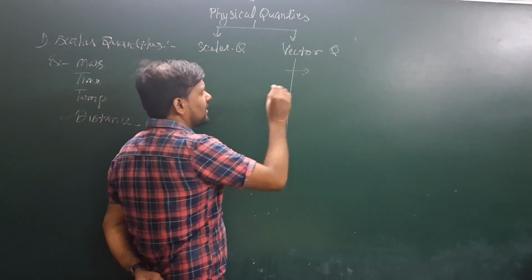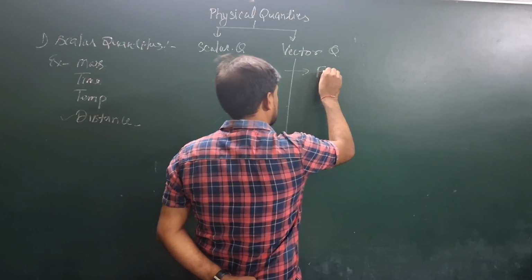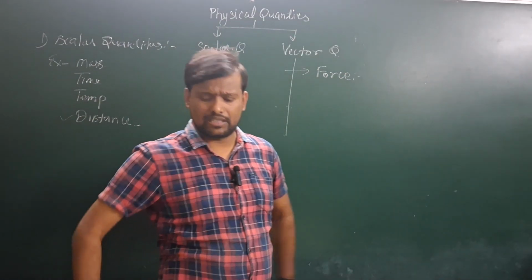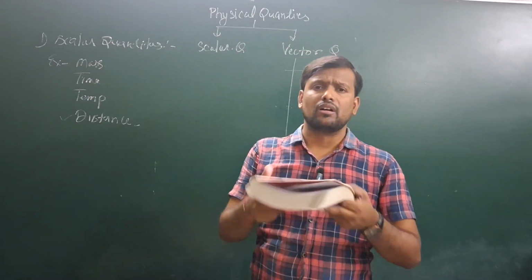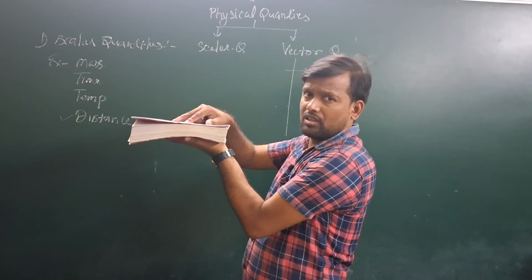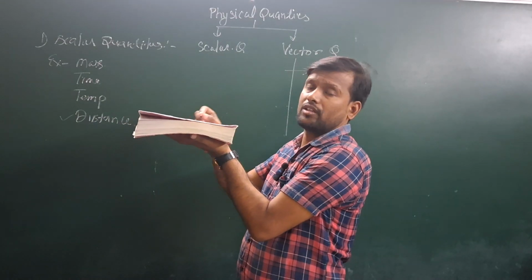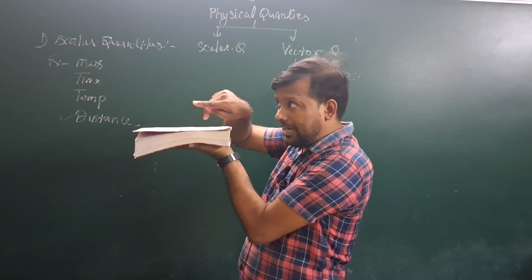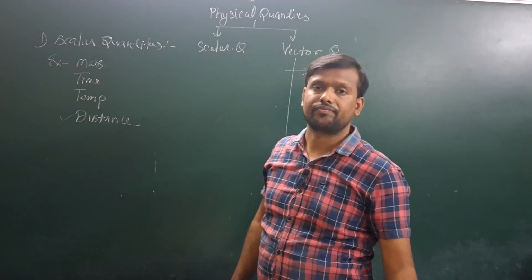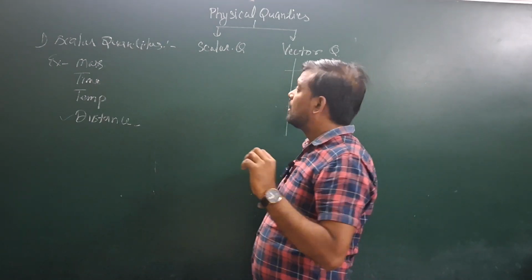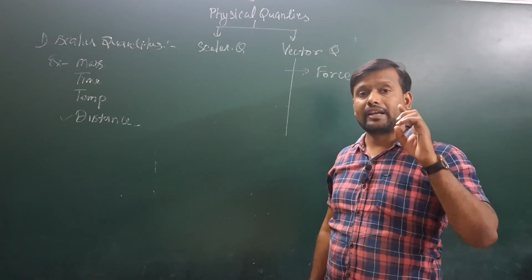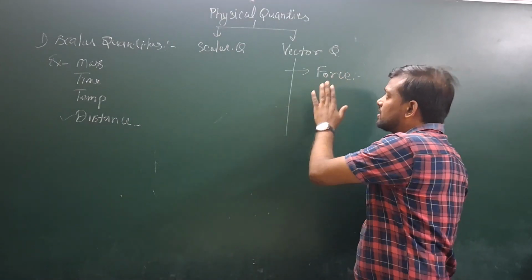For example, force. If you push a book in some direction, we apply force on this book, and we have to know that 5 Newton force is applied on the book in the east direction, west direction or another way. Two things are required to explain any vector quantity.